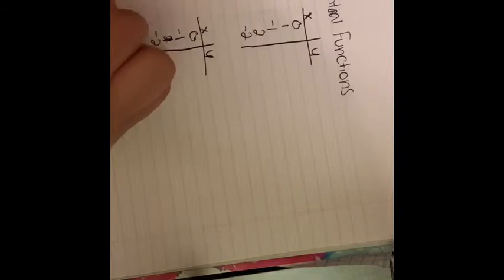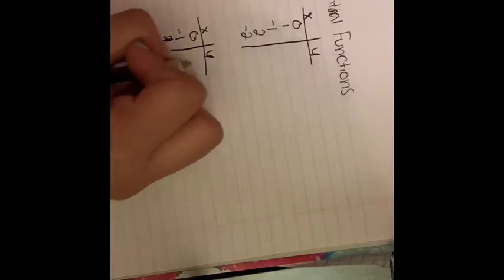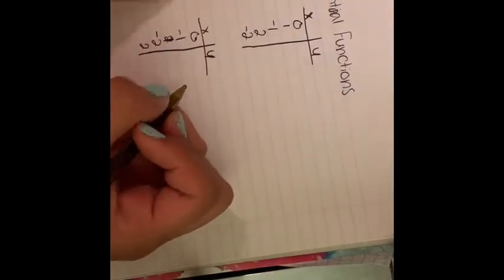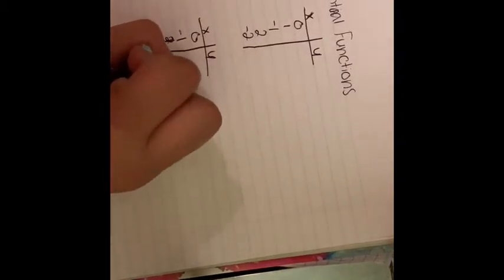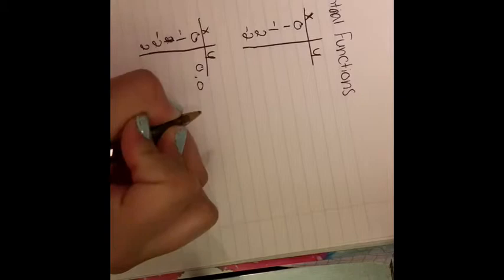And we're going to do the same exact chart. I'll show you how it looks. You could do this one pretty easy. 0 times 3 is 0, so it's going to be located at (0, 0).